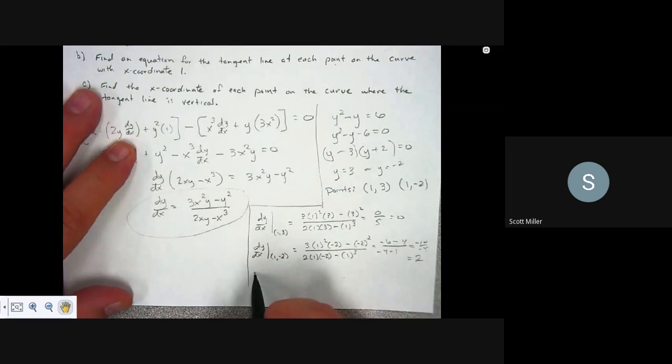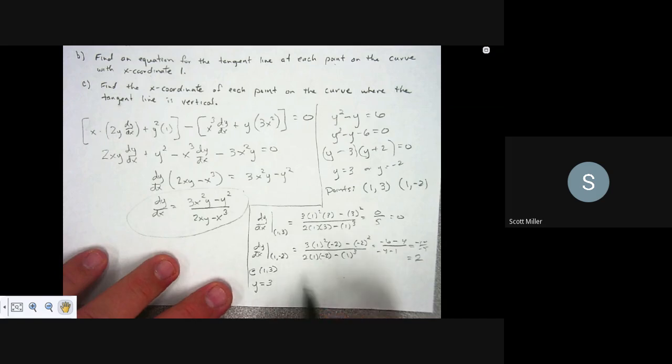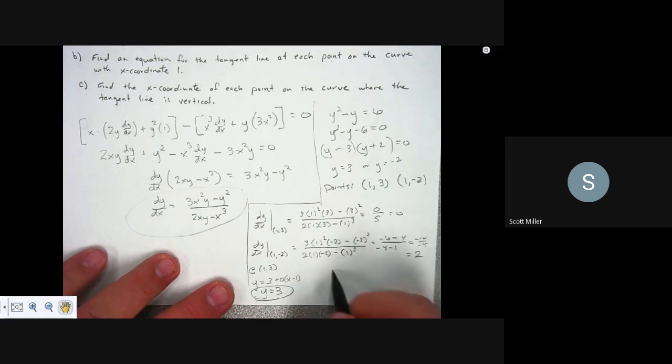So my two tangent lines are these lines. At the point (1, 3), I get y equals the y value, 3, and the slope is 0, so it's plus 0 times (x minus 1), which is simply y equals 3.